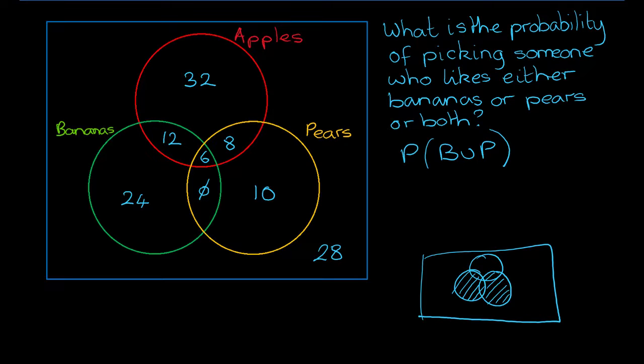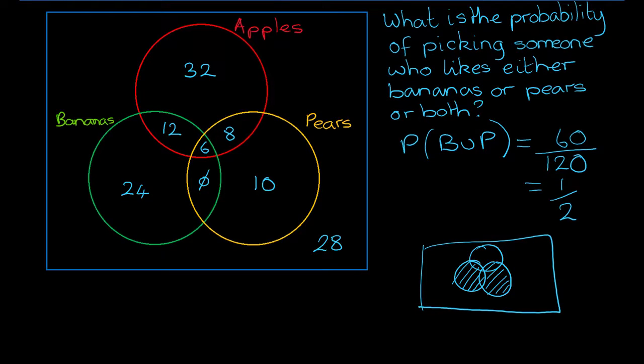So we're going to need everything that's in bananas, which is 24 plus 12, which is 36, plus another 6, which is 42, plus the rest that's in pears, so that's another 8, which makes 50, and 10, which is 60. So we've got 60 out of 120, which is a half.